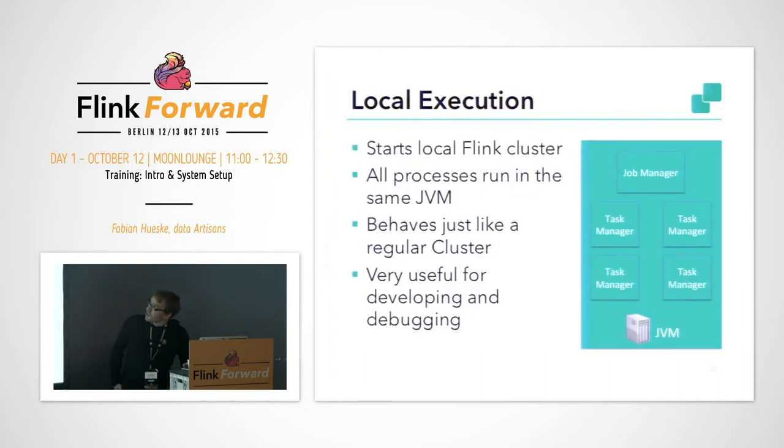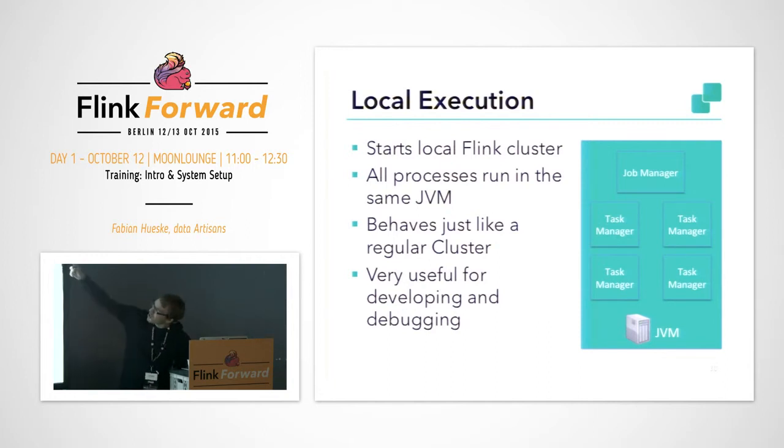For the local execution, Flink starts a job manager running in a single JVM. So within this single JVM, it basically starts the job manager and can also start as many task managers as you configure. So everything runs in a single JVM process, and it just behaves like a regular cluster.